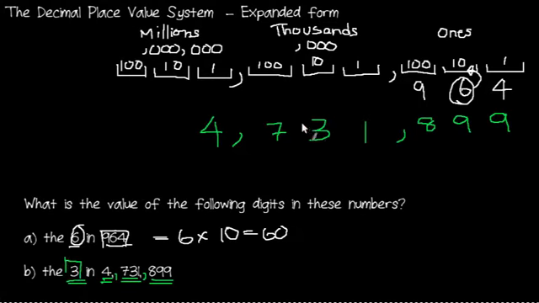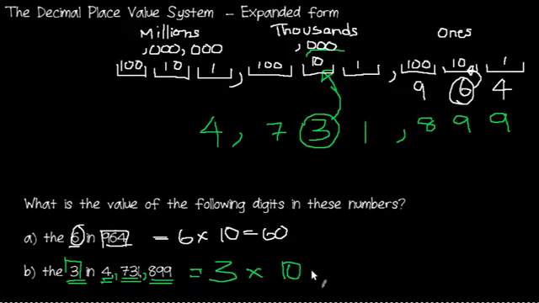And in this number, we're looking for the 3. And we see that it is right here. And that's 3 times 10,000. So when we write it out, 3 times 10. And we get those 3 zeros from this period name.